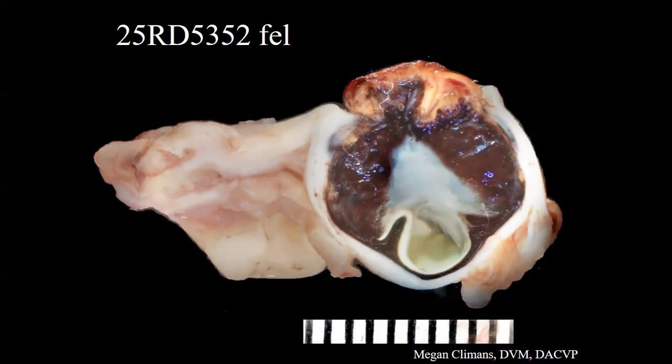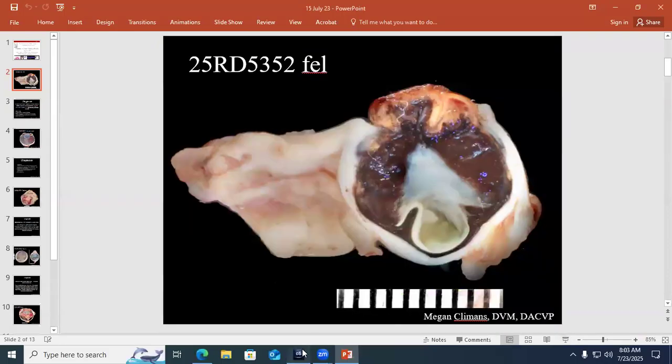So I would still have both on my differential list from this gross view because there's a little bit of wrinkling and maybe some intraocular fibrosis, but the sclera overall is looking unwrinkled. But ultimately, it's kind of potato potato, in any case. So that's our gross. Let's take a look at the histology.